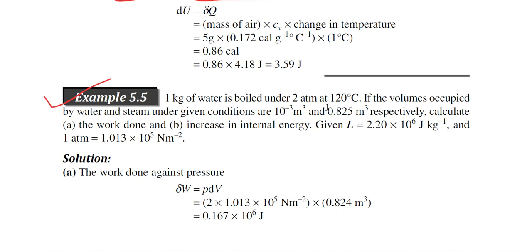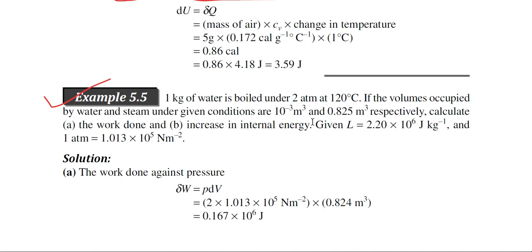That means this is actually the change in volume. There was some water at first, as we are boiling it, and some part of the water is converted into steam. That part of the water which is converted to steam is the change in volume.